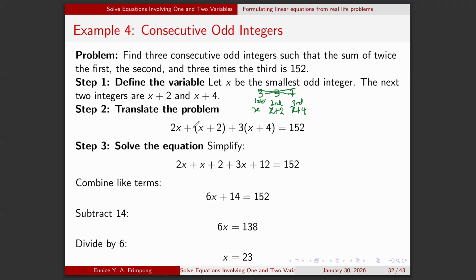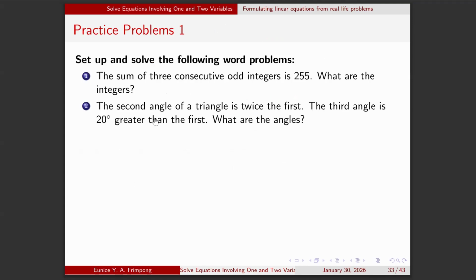At this point, you open brackets and then you simplify to get the value of x, and this gives us x is equal to 23. So you can practice this and see if you also had 23. So here are some practice problems you can try your hands on.